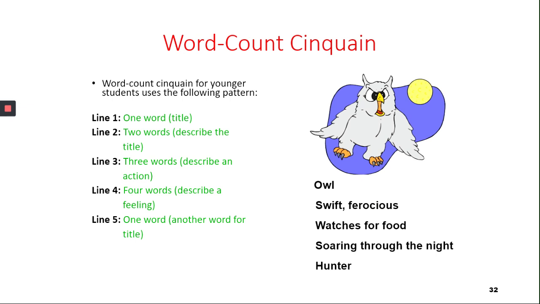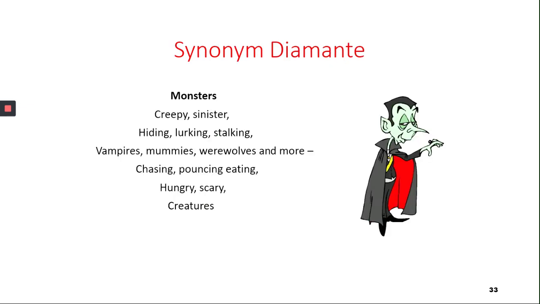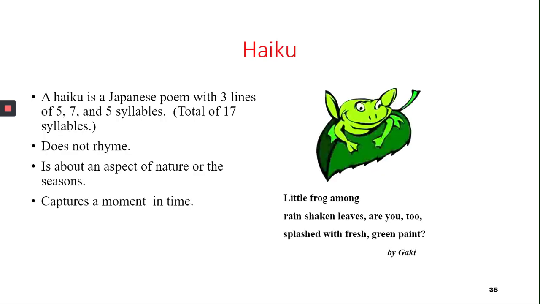But it doesn't necessarily have to be 1, 2, 3, 4, 5. If your line 1 has 6 words in it, line 2 should have 7 words. Line 3 should have 8, and then line 4 should have 9, and then line 5 should go back to being the same as line 1. So that is the word count. Pagbibilang ng salita na ginamit kada linya or kada taludtod. That is word count cinquain.